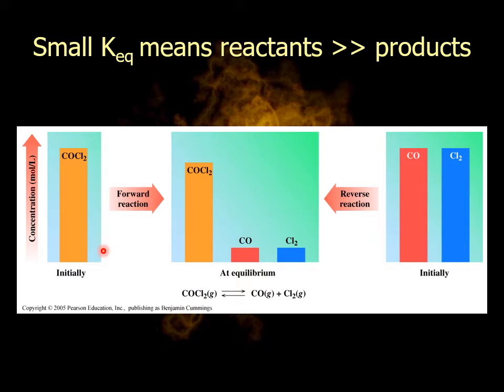And again, it doesn't matter whether you start with all COCl2 or all CO and Cl2. The equilibrium is blind to where it starts. It only cares about the relative concentrations at equilibrium.